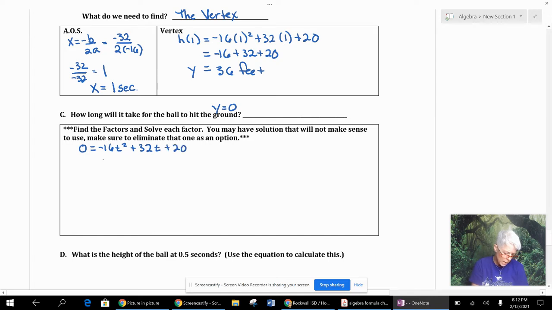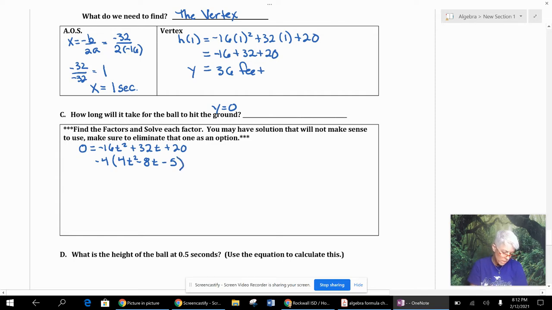Now, immediately I notice that there's a greatest common factor of -4. So when I pull that out, it makes the -16 positive. Then this becomes a -8t. This becomes a -5. All right.